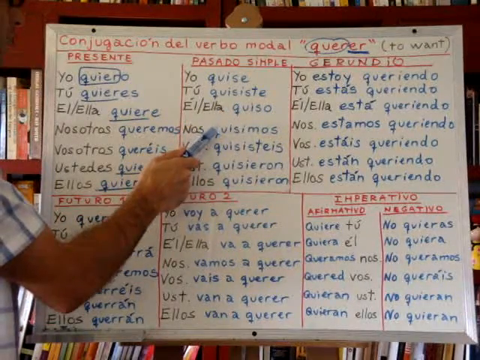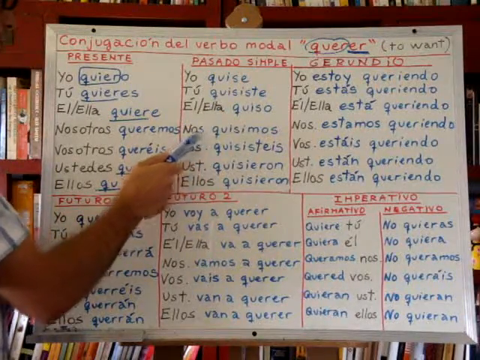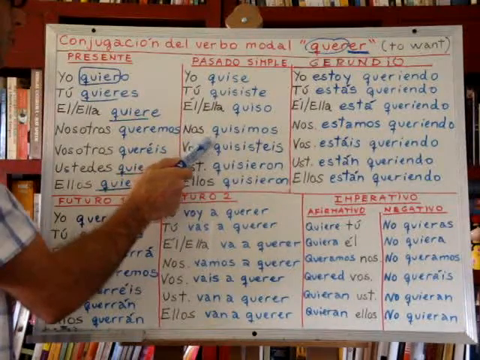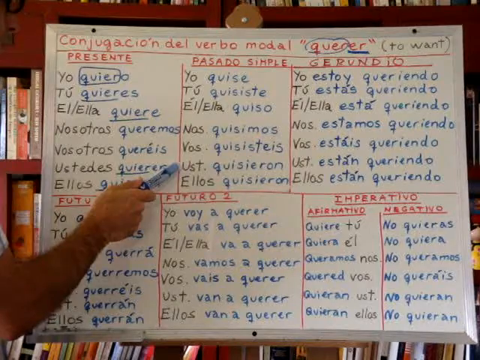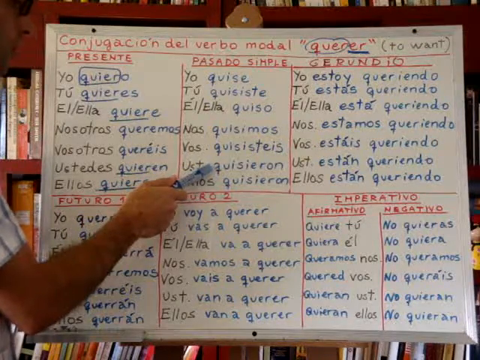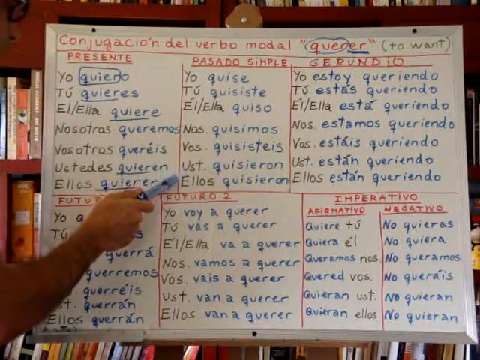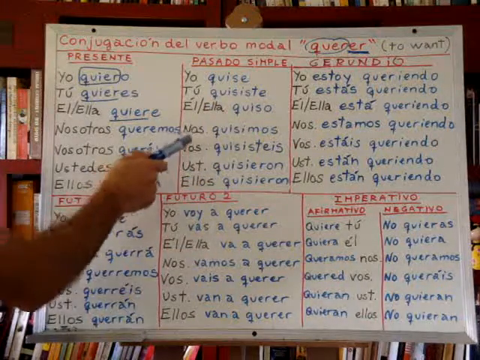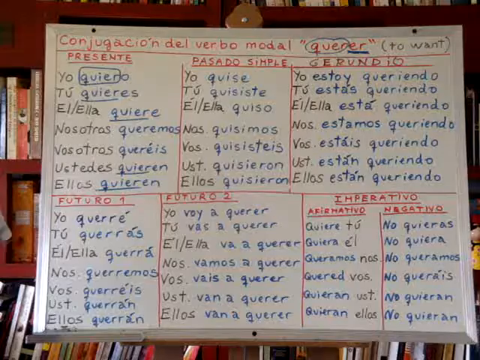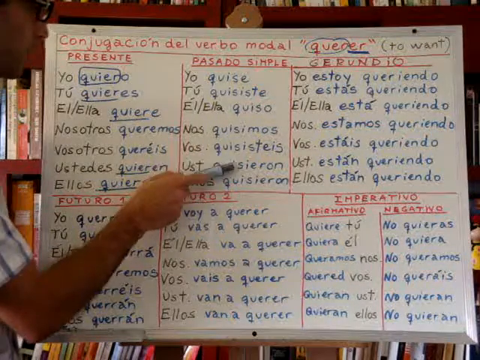Nosotros quisimos. Vosotros quisisteis. Ustedes quisieron. And ellos quisieron. Remember, vosotros and ustedes mean the same thing, but they conjugate differently.